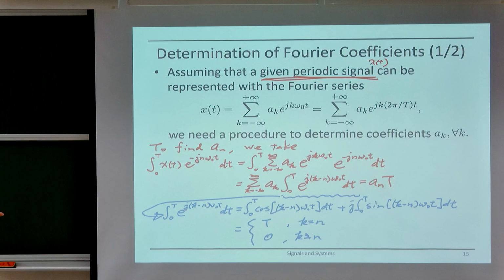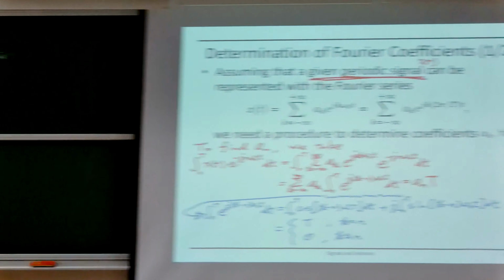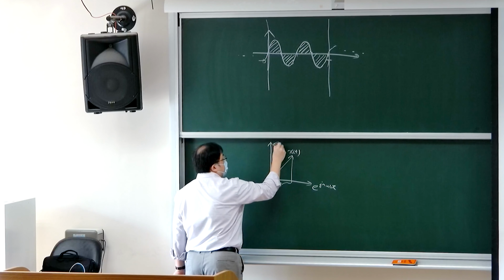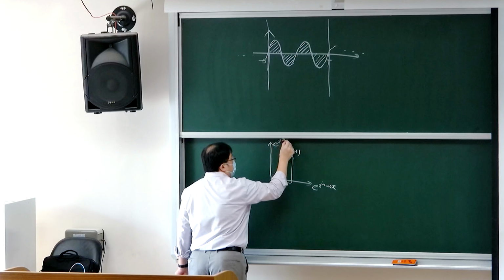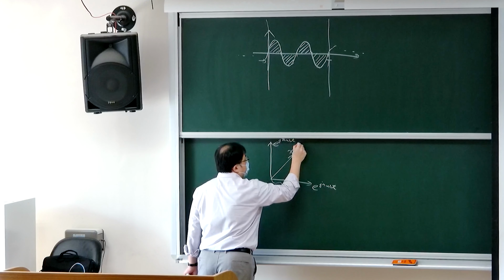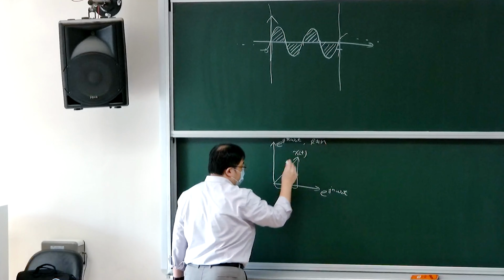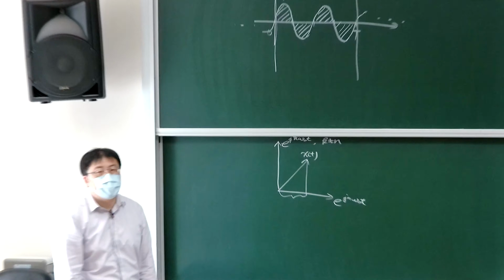Their projection onto each other is 0. So you may have another complex exponential, let's say in this direction, that's e to the j k omega naught t, where k is not equal to n.